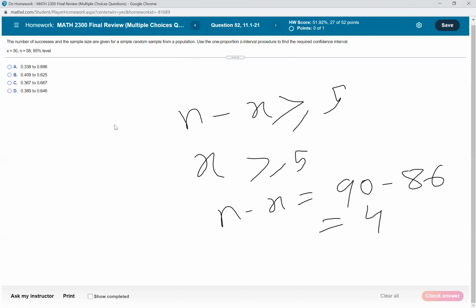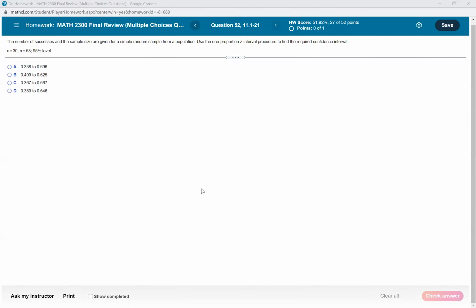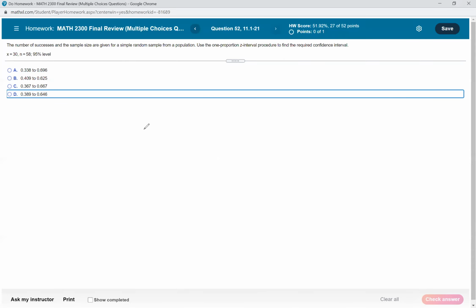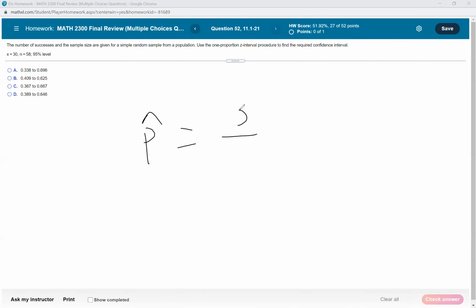Okay, similarly for this one, the number of successes and the sample size are given for a simple random sample. Use the 1 proportion Z interval procedure to find the required confidence interval. So to find the confidence interval, you need to use this formula. Here p hat is x over n, which is 30 over 58.